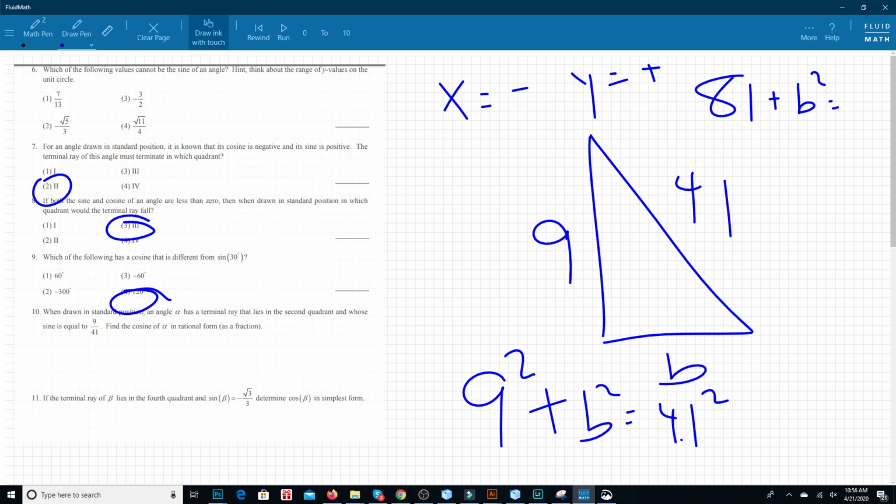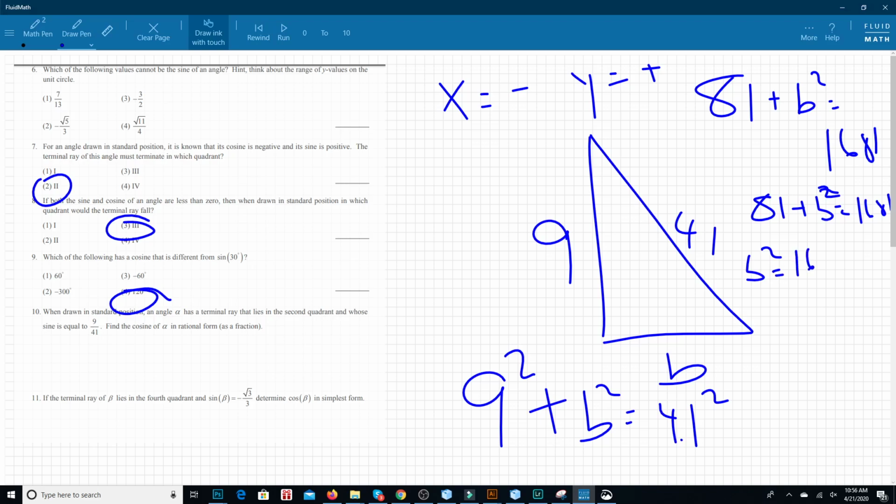41 squared is 1681. So now I have 81 plus b squared equals 1681. So b squared equals 1681 minus 81.